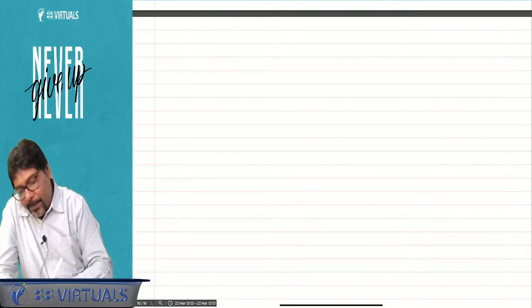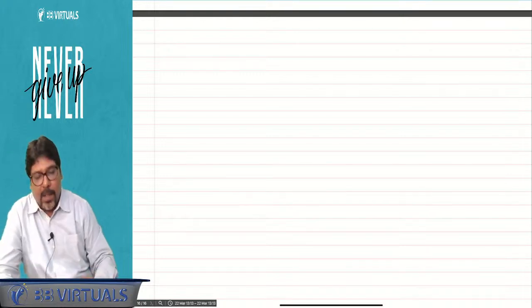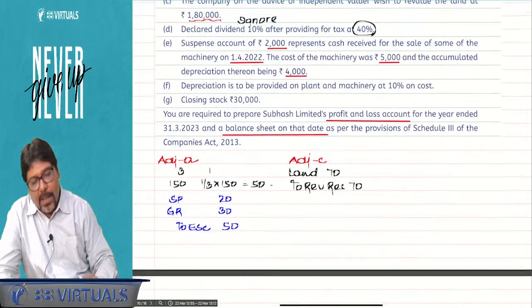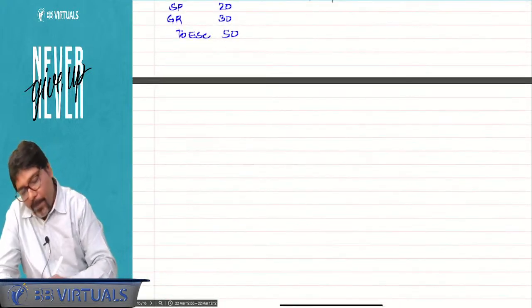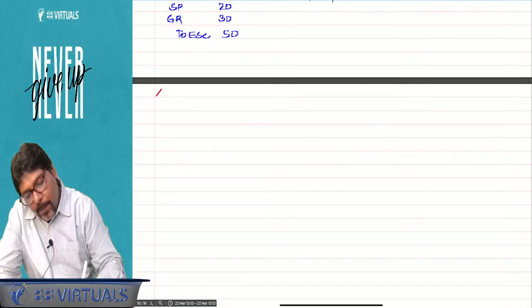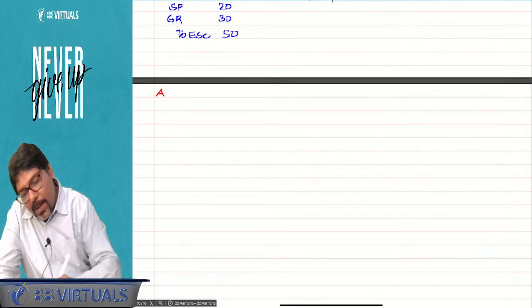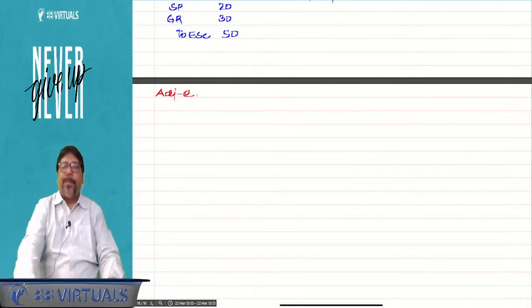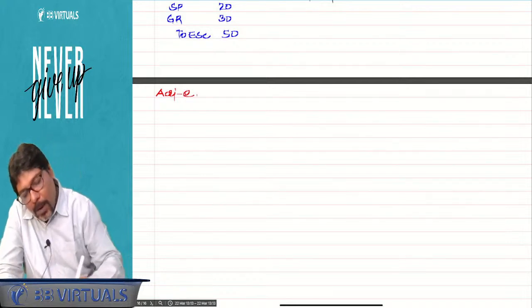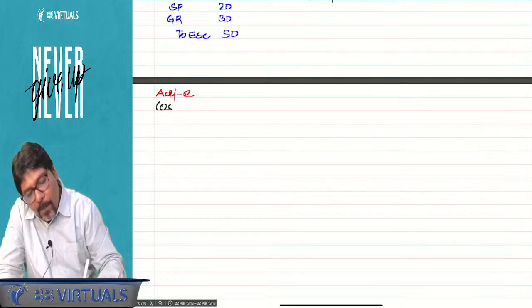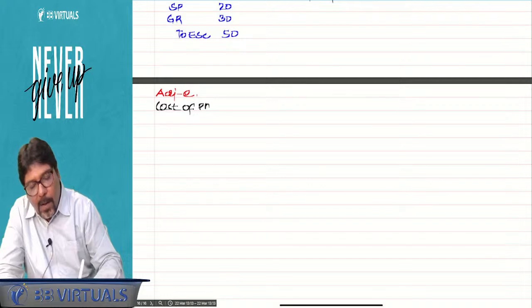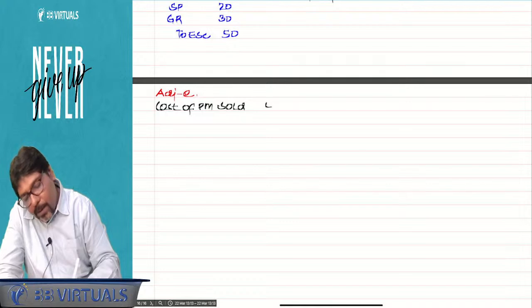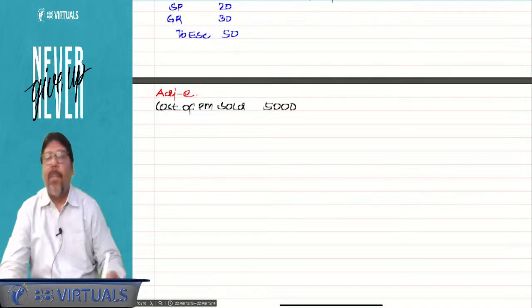Write down adjustment number E. The cost of plant and machinery sold is how much? 5,000.